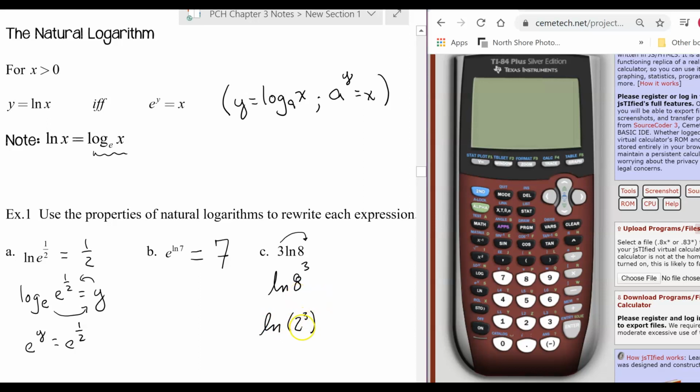So the 8 becomes 2 cubed, and then that's cubed again. If I simplify that, we end up with the natural log of 2 to the 9th. Again, remember that property that we can take that coefficient and make it an exponent. We can also take the exponent and move it to a coefficient. And we'll look at stuff like that soon.